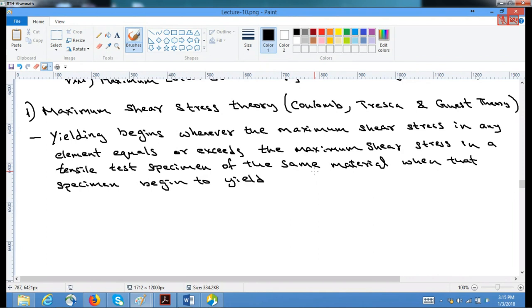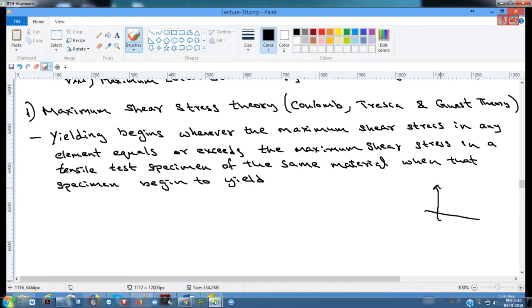One more thing I would like to say is when you are performing an experiment, for example, in your strength of materials labs, you might have already done uniaxial tensile or compressive testing. And in this, you might have just plotted a stress strain curve, right?